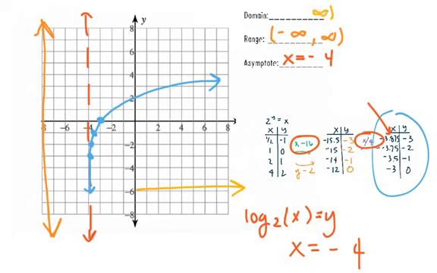But you can see that the function basically starts at negative 4, right? We already plotted a point at negative 3.875. It's going to keep getting closer and closer to negative 4, right? It's going to get closer and closer to that asymptote. But because it's an asymptote, it's never actually going to touch there. Okay, so we're going to say that our domain starts at negative 4, but we're going to put a parenthesis there to say it's never actually going to touch negative 4. It's just going to get right up to it. Okay?